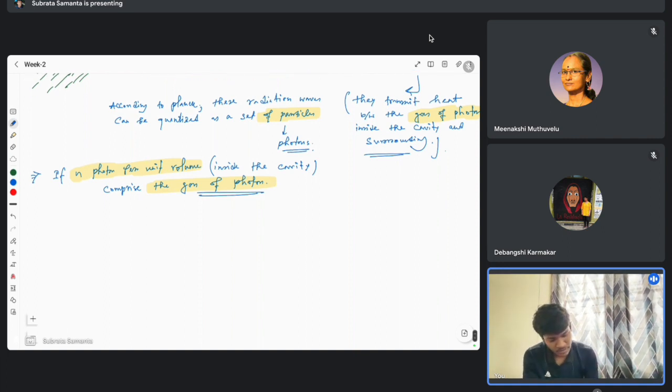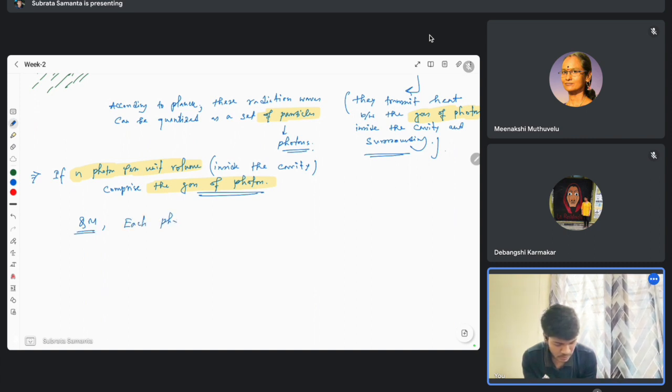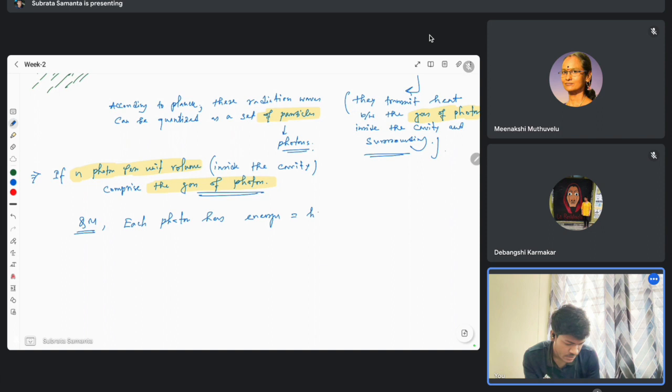Okay, so quantum mechanically the photon is energy. Each photon has energy equal to h times nu.